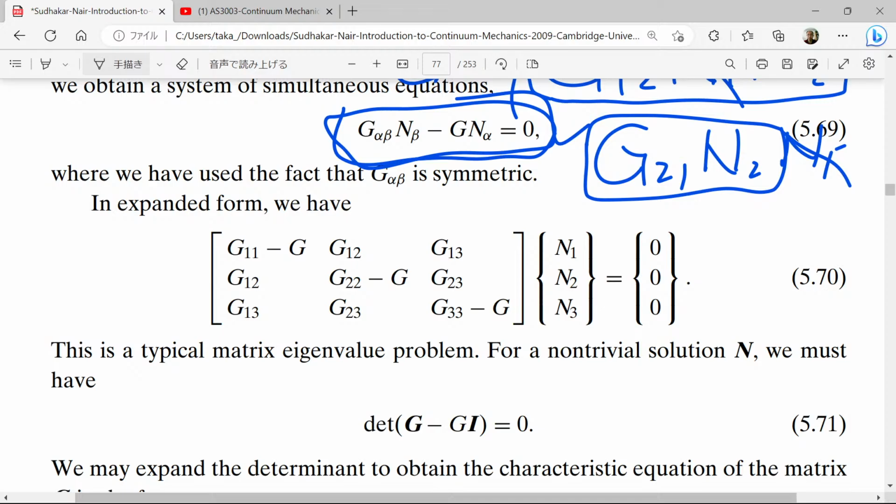So here, if you have alpha, beta, 1, 1, which gives this part. So 1, 1, 1, 1, 1, G1. Alpha beta 1, 2.